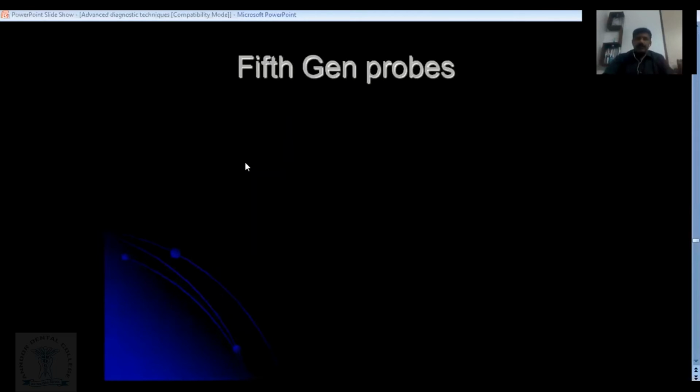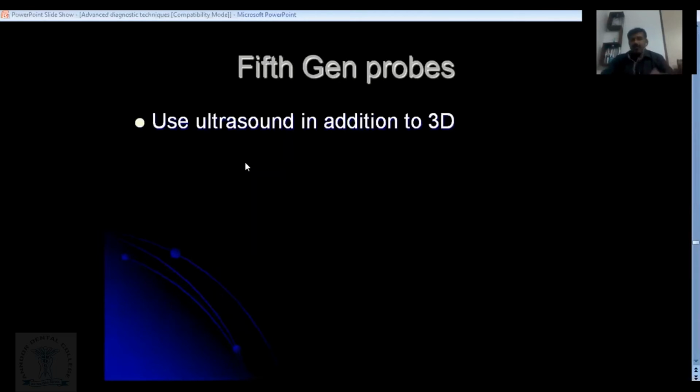But the fifth generation probe, the difference of this fifth generation probe to the fourth generation probe is that if you add an ultrasound to the third generation probe, that becomes the fifth generation probe.